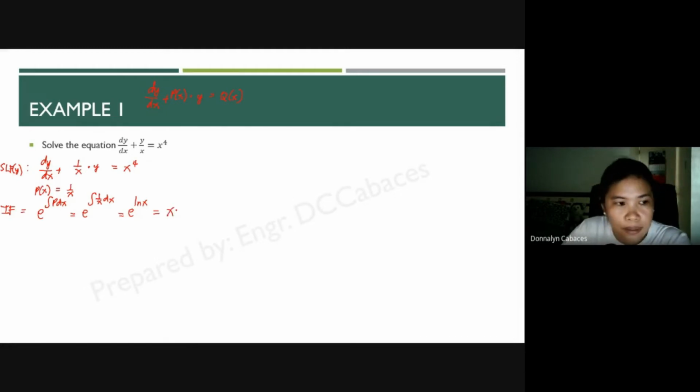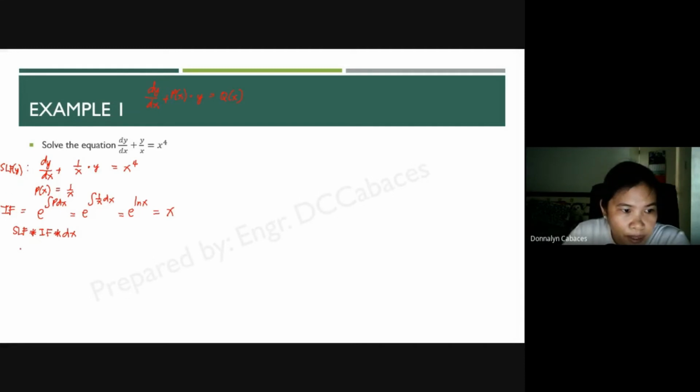Then, the next step is to multiply our SLF with our IF. Then the next would be to multiply it with dx, so that it will just be one step.